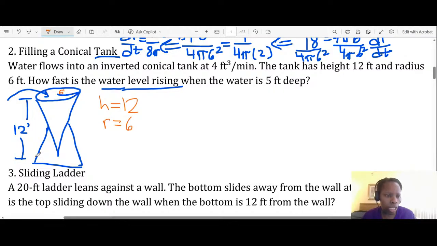Since that's a constant height and radius, we can say that the radius is half the height, if we want to give that distinction.